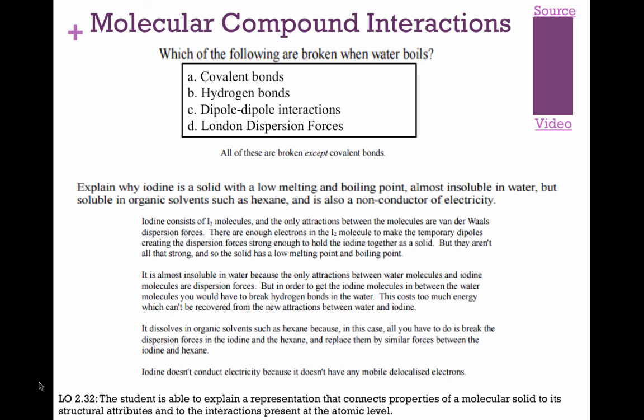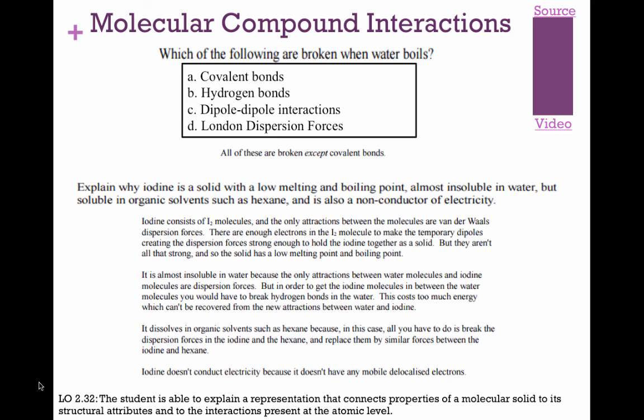So it's almost insoluble in water because what are the only attractions that would exist between the water and the iodine? Yeah, dispersion, right? You can't hydrogen bond between H2O and I2 because I2 can't hydrogen bond. So it's almost insoluble in water because the only way that you can get them between each other is with dispersion.